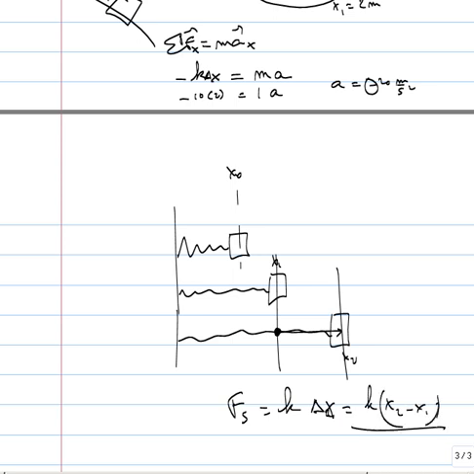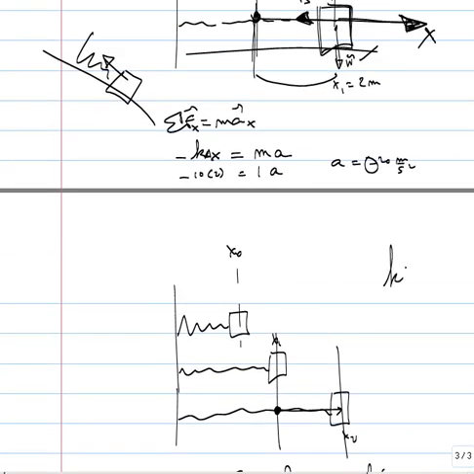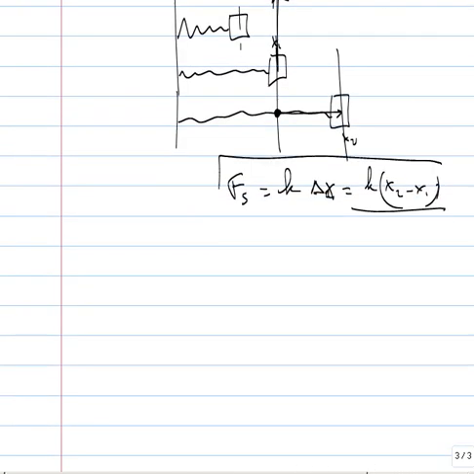So remember, we use just kx if we position our coordinate system at the initial position. Otherwise, you have to keep the general functional form.